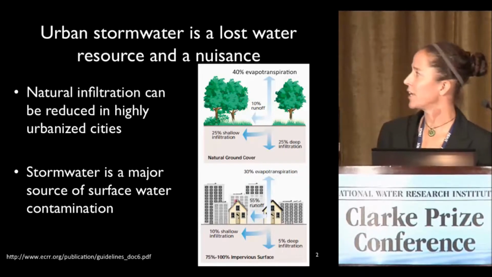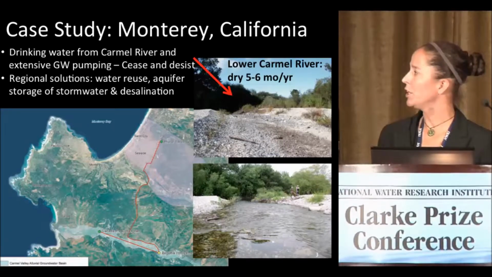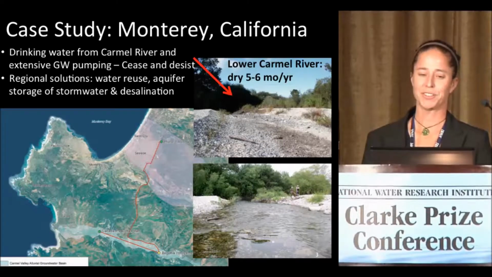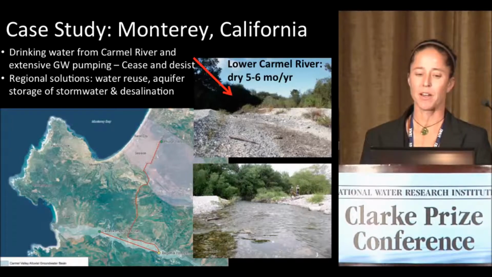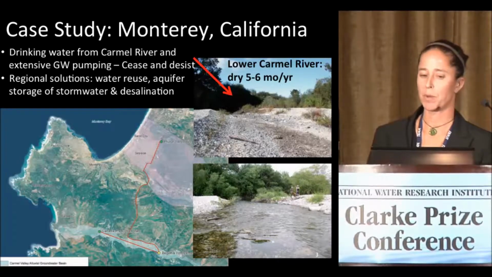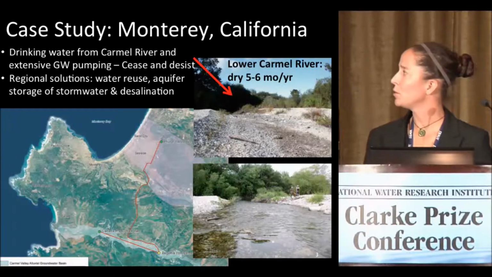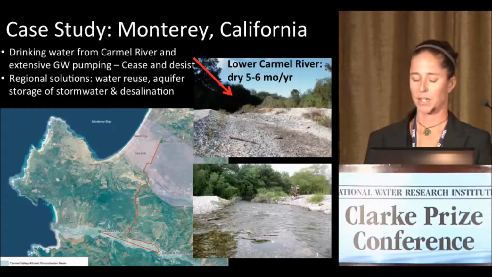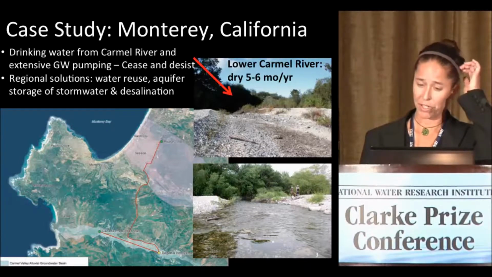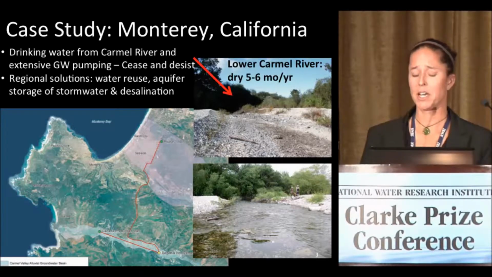So let's consider a case study in Monterey, California, located close to Stanford. Here they get a lot of their drinking water from the Carmel River and from extensive groundwater pumping adjacent to the river. And recently the Carmel River has actually gone dry, and it can be dry 5 to 6 months of the year, which is obviously a huge burden on the ecosystem.